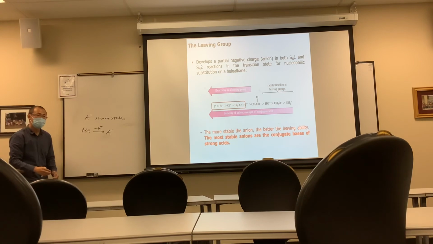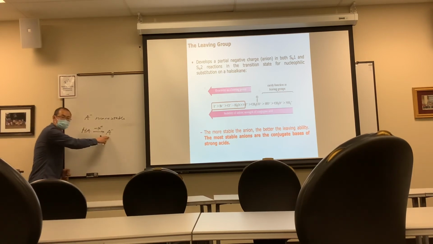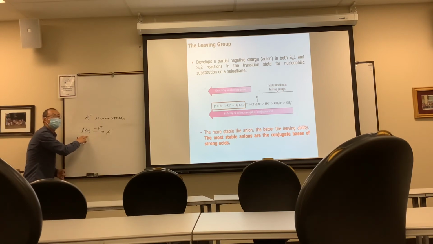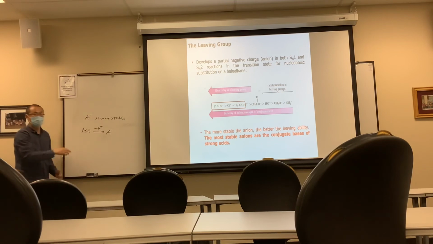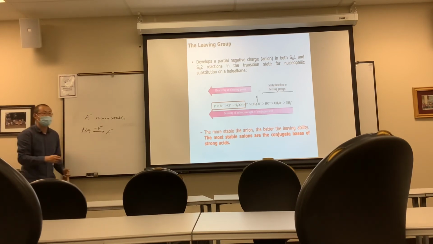So that means if I want A minus to be stable, we're talking about a weak base or strong base? Weak base. If we're talking about a weak base, the acid will be a strong acid. So, in a word, a good leaving group is the conjugate base of a strong acid.